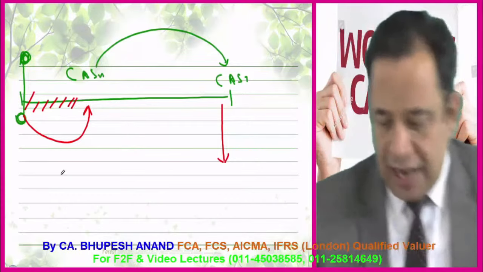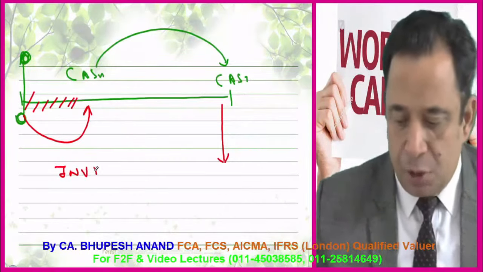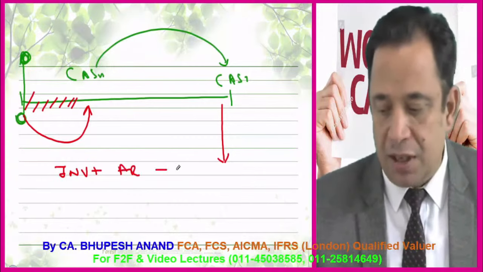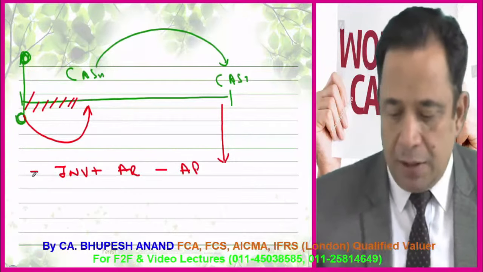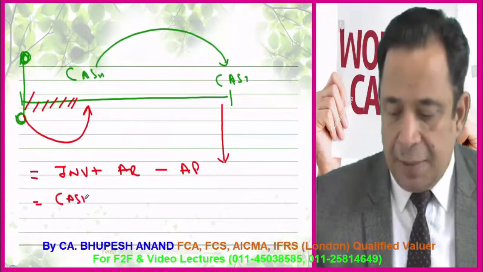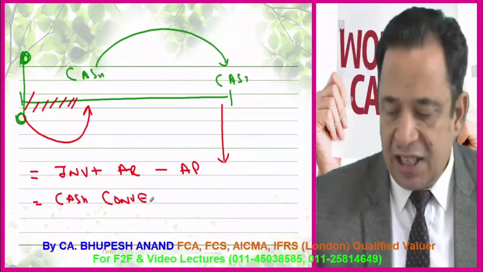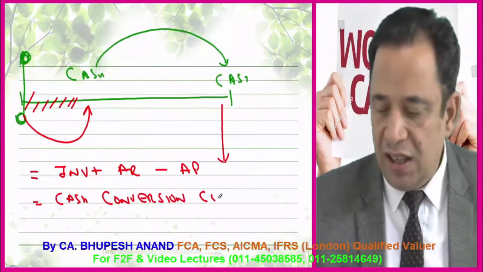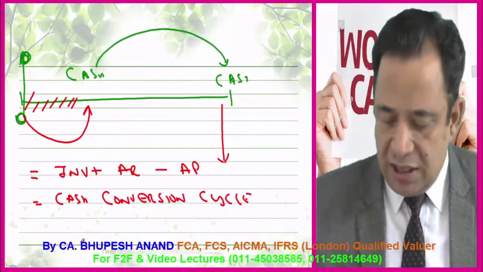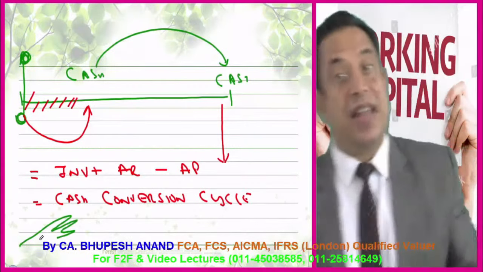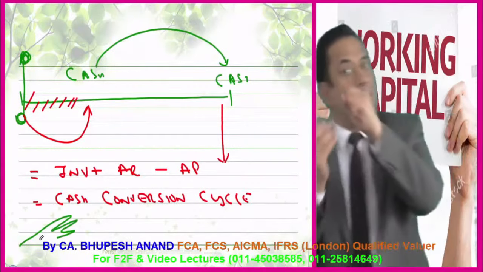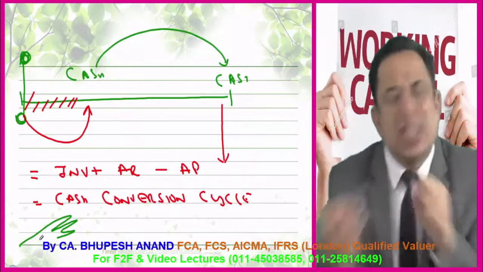So for this, I have told you: inventory processing time plus average receivable processing time minus average payable. This is named as the cash conversion cycle, the time period required for converting cash to cash.